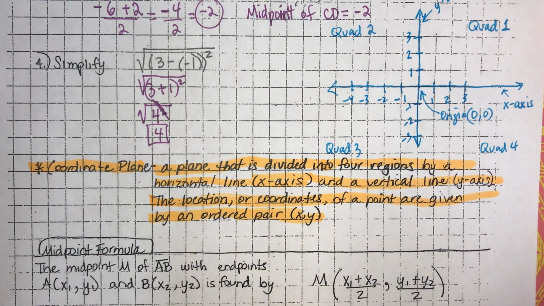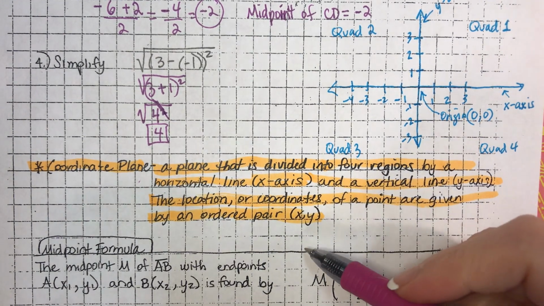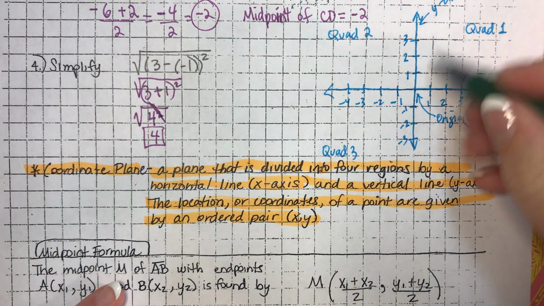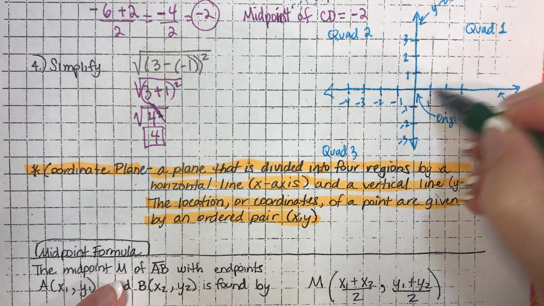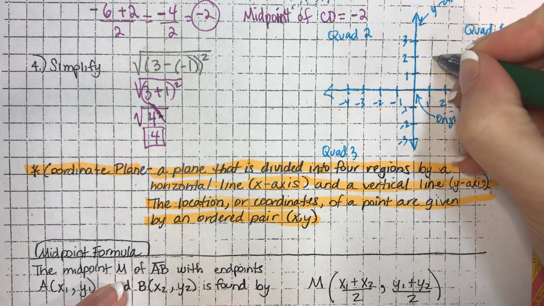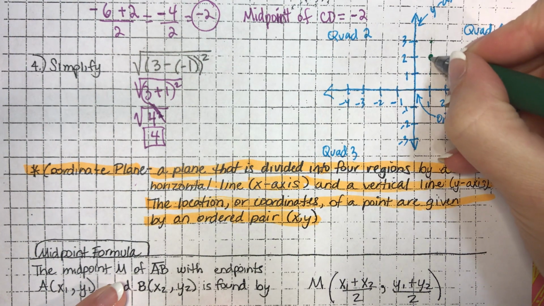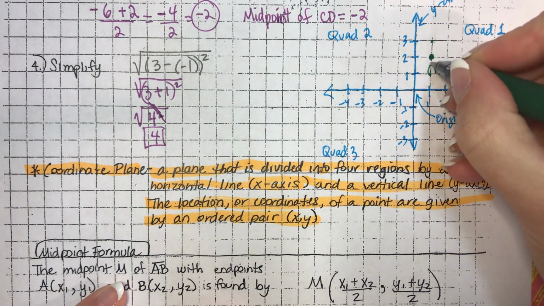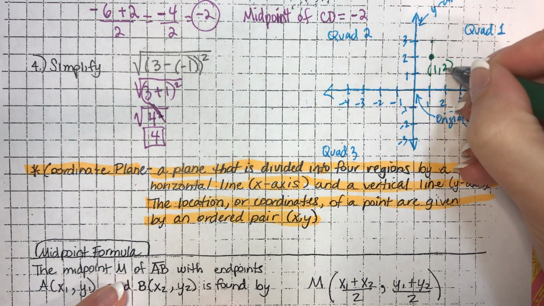So let's talk about all the ordered pairs, which are x, y. Whenever you're in quadrant 1, the x is always going to be positive and the y is always going to be positive. Every point in this quadrant, like this point right here, is going to be 1, 2. The x is 1, the y is 2. Notice how this is positive and this is positive.